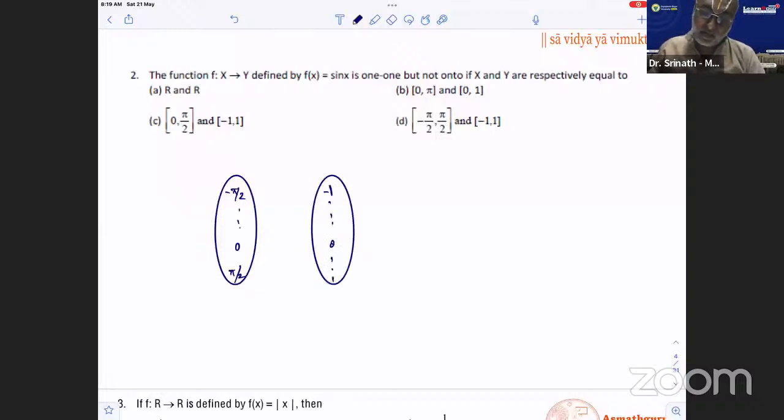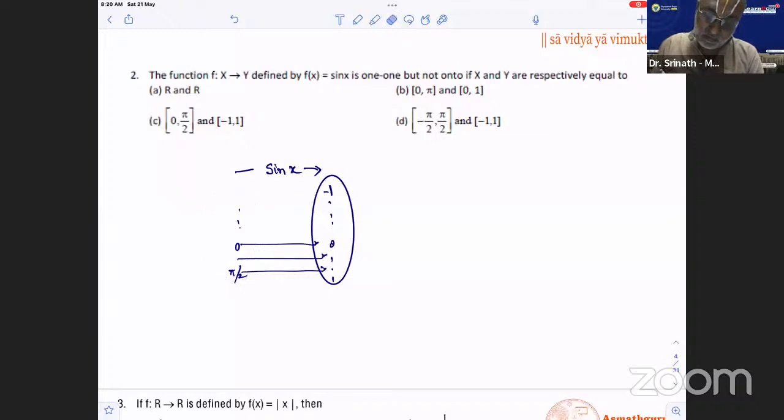Okay, this function, if you take sine x, will definitely be a bijection. But we want this to be 1-1 and not onto. So what can I do? Suppose I take only these type of arrows, I'll not take this into consideration. Only from 0 to pi by 2 I'll take.